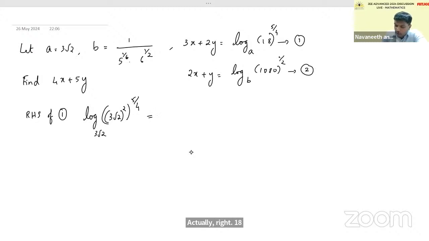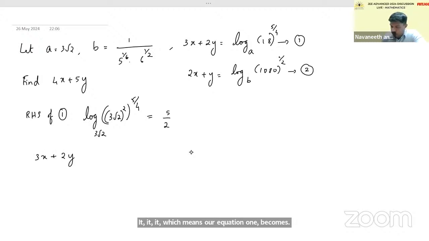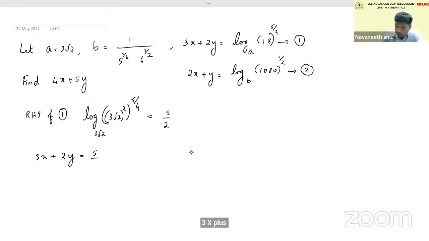And so therefore, this will directly become 5 by 2, isn't it? Which means our equation 1 becomes 3x plus 2y is equal to 5 by 2. So that's your first equation.